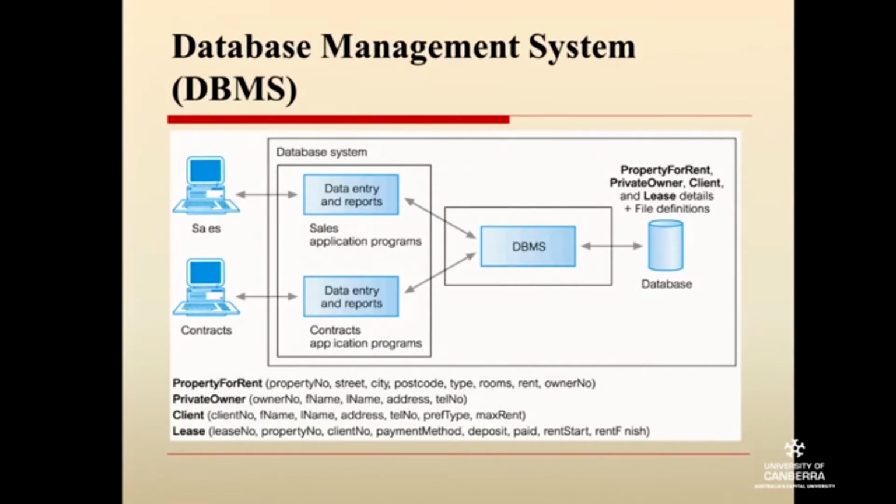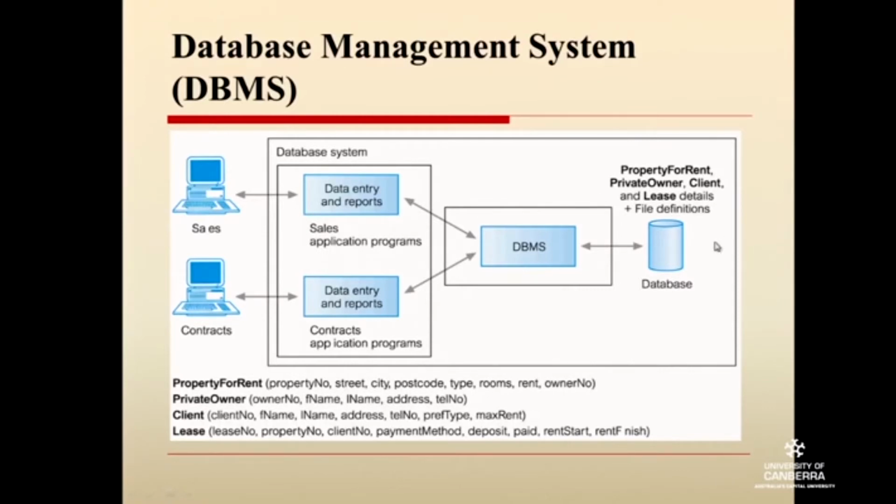Here is the diagram to see the difference between file-based systems and the database approach. What we have here is the database that has all the data. It's not stored in different files. Then you have the database management system, DBMS, that allows you in the sales or contract department to create databases, insert data, retrieve data from the database, manipulate data.